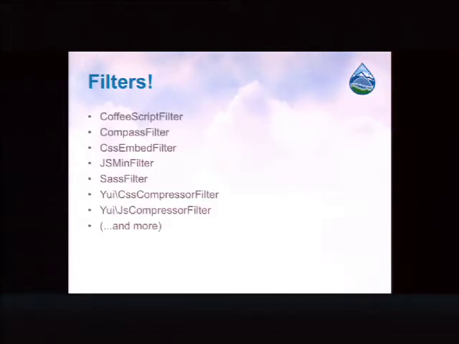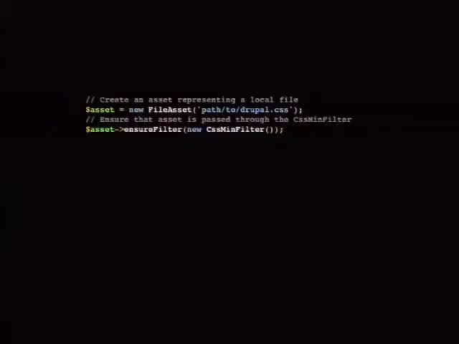They require an external binary of some kind that you've downloaded. Maybe it's Node, maybe it's Ruby, maybe it's Java. But what Assetic gives us is one simple way in PHP land of declaring an asset and then saying, I want to apply this filter to it. I want to take my Coffeescript file and turn it into JavaScript. And you do that by just adding a filter to it.